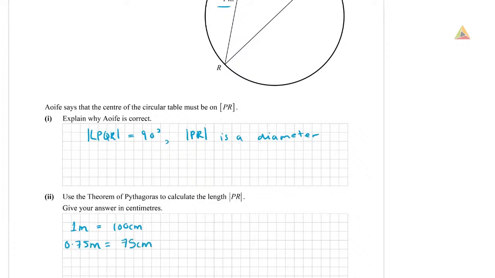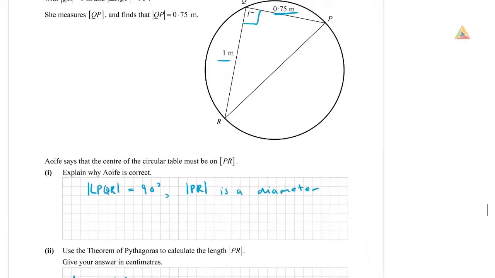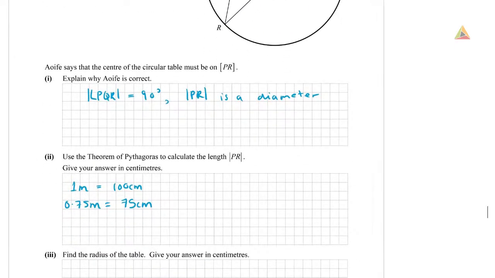So I now am going to redraw the triangle that's on the circle here. So we have the triangle QPR. So I'm just going to draw it here. And this is the right angle here. So this is 75 centimetres. This is 100 centimetres.